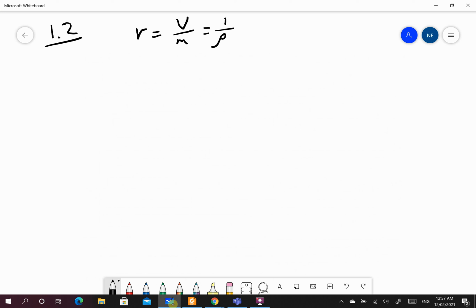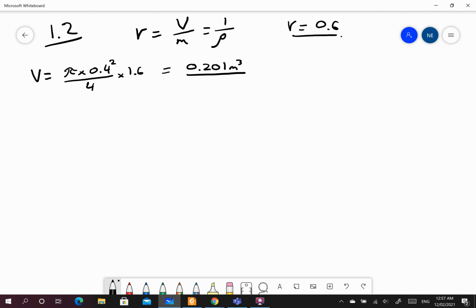Now we're given this here. The specific volume is 0.6. So what are we going to do first? Well, let's calculate our volume, which is quite simple again. Pi times d squared, 0.4 squared, all over 4 times the height, which is 1.6. That's going to give me 0.201 meters cubed. So volume of the cylinder. So I've got the volume, and under this, I can work out the mass.